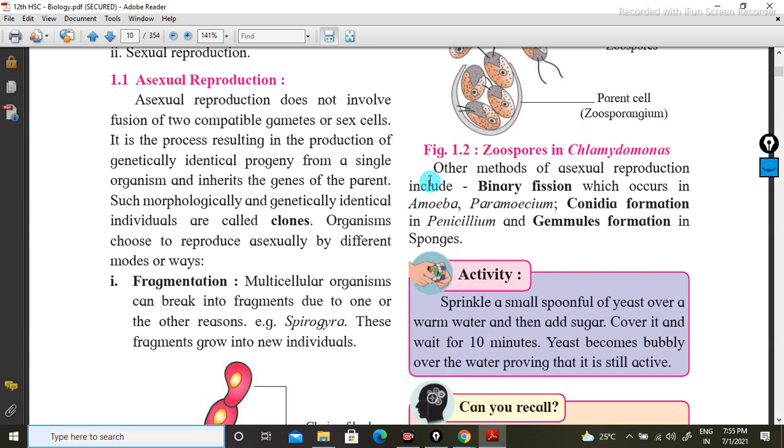And that is why the progeny formed after asexual reproduction is genetically identical to the parent, as well as morphologically identical to the parent. This is also called cloning. The progeny is called a clone, and the process can also be called cloning.